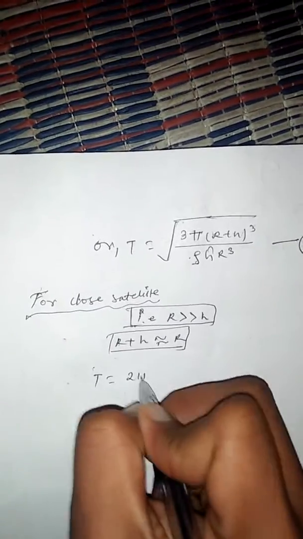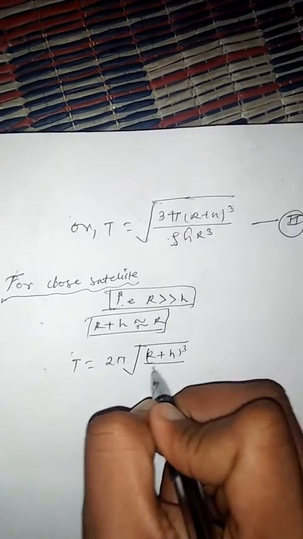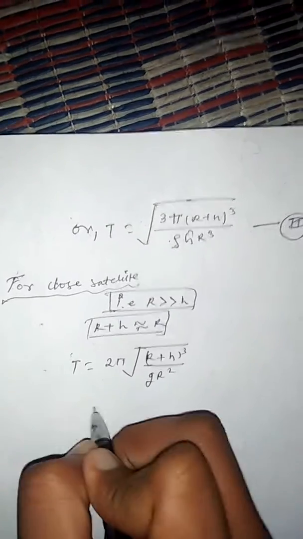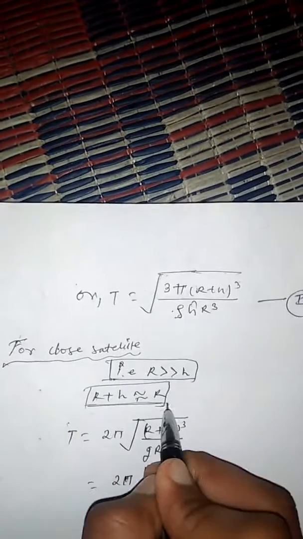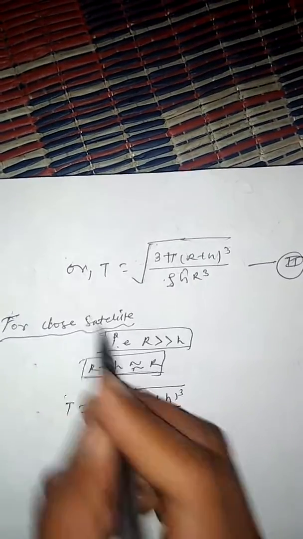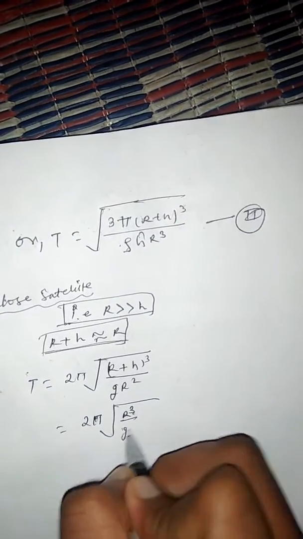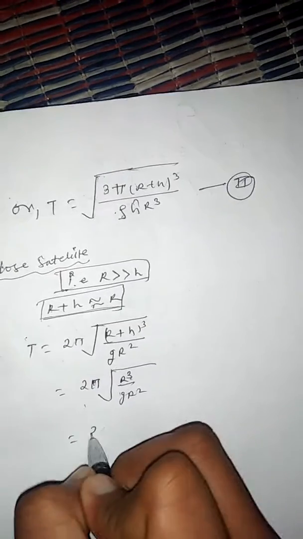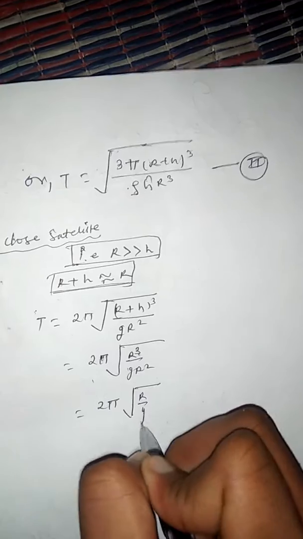Now we have 2 pi root (r plus h) whole cube divided by gr square, which becomes 2 pi root r cube divided by gr square, and then 2 pi root r by g.